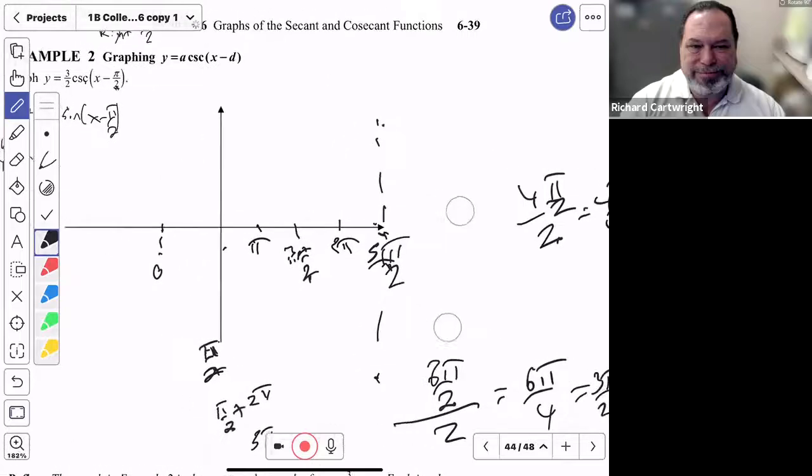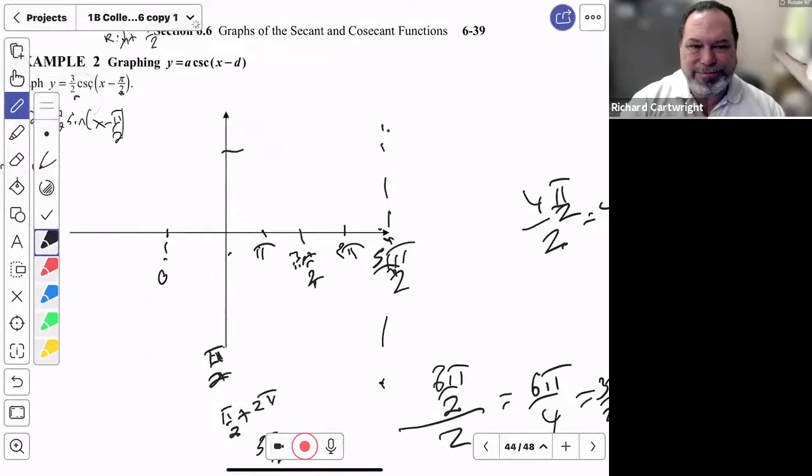Sine curve starts up at the top. The top in this problem is 3/2 or 1.5. The bottom is negative 1.5. Sine starts here, goes up to here, goes down to here, comes down to here, goes up to here, and I'll do it in a light color.